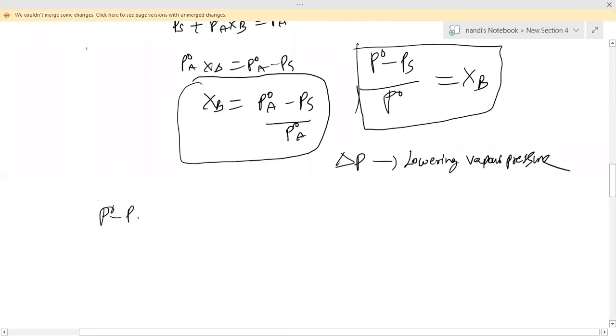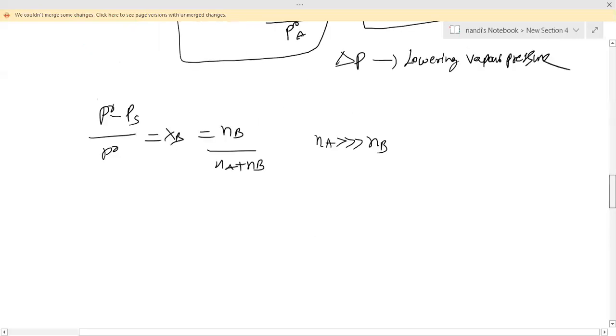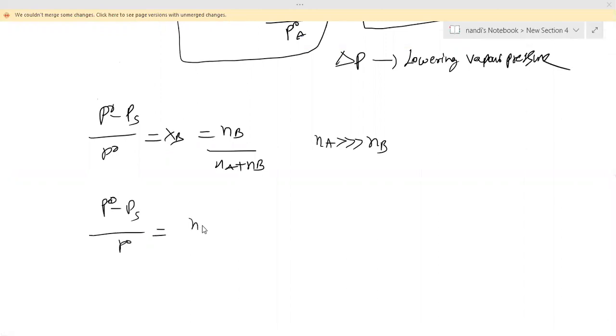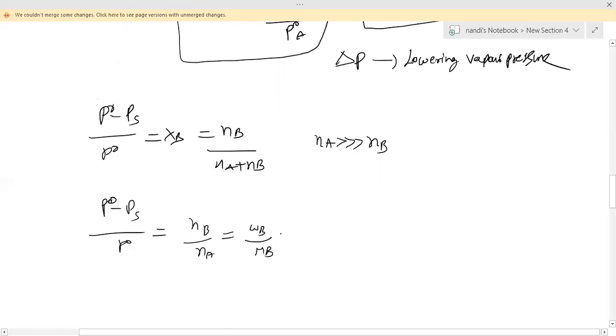Now I can write P naught minus PS by P naught equals XB. XB equals NB by NA plus NB. Compared to NA, for a very dilute solution, NB is very less. So P naught minus PS by P naught equals NB by NA, which is WB by MB into MA by WA.